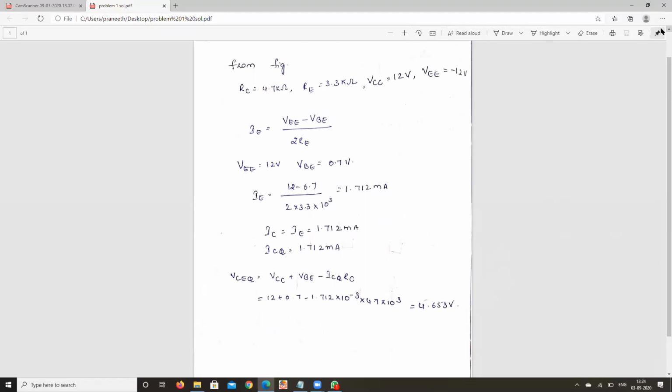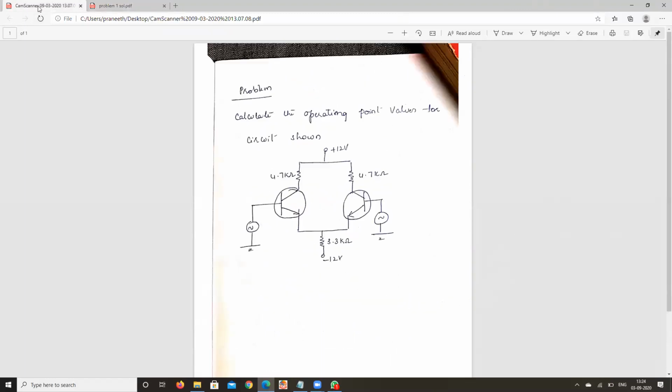Right? So hope everybody has got this. So IE is 1.71. So similarly, calculate VCQ. What is the formula for VCQ? What is the formula? VCC plus VBE minus ICQ RC.